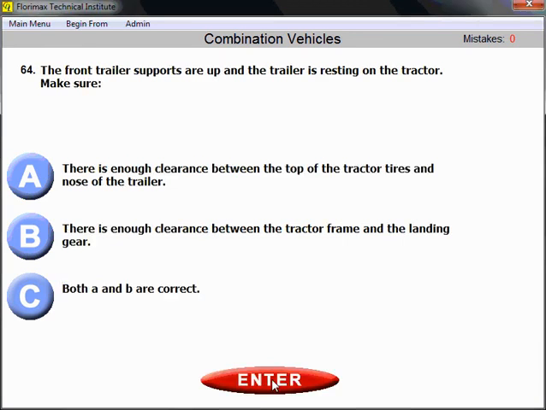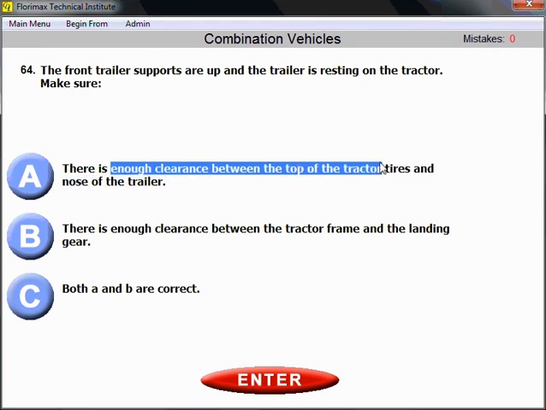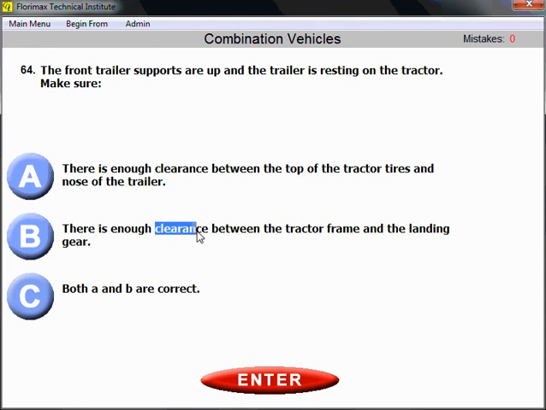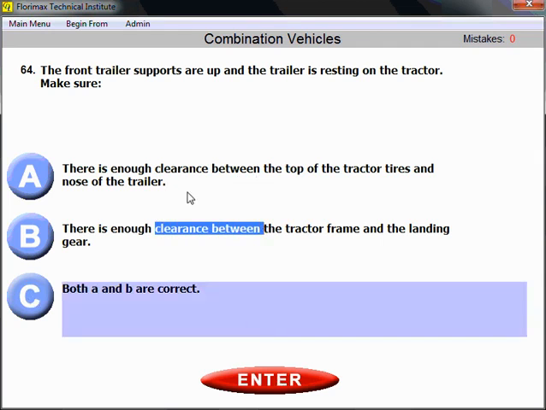Okay. Question number 64. The front trailer supports are up and the trailer is resting on the tractor. Make sure, when you see that, you need to check enough clearance between the top of the tractor tires and the nose of the trailer. So both clearances, A and B, are correct, because that's what you need to check.